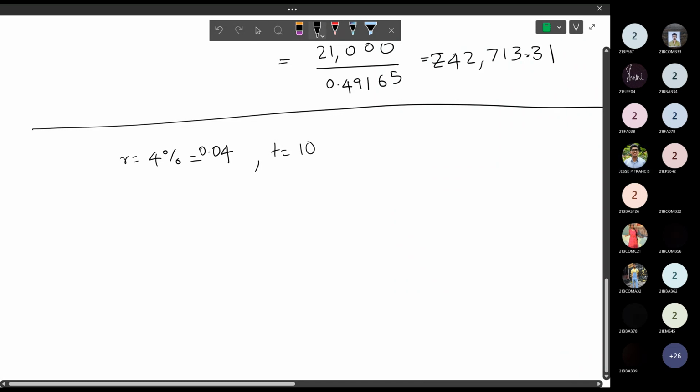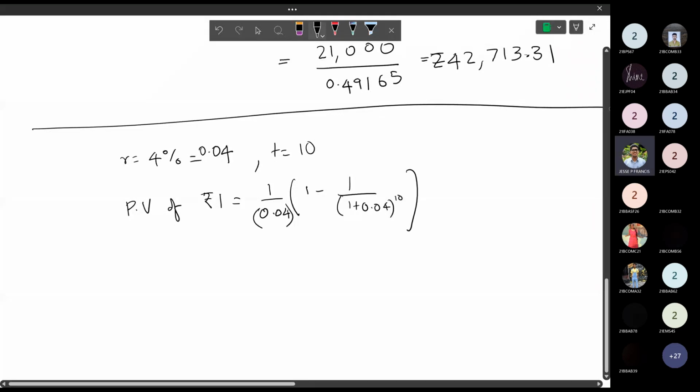Now, present value of rupees 1 is equal to 1 by R into 1 minus 1 by 1 plus 0.04. Okay, I forgot to substitute the value here. 0.04 to the power 10. And calculating, you have 8.11.